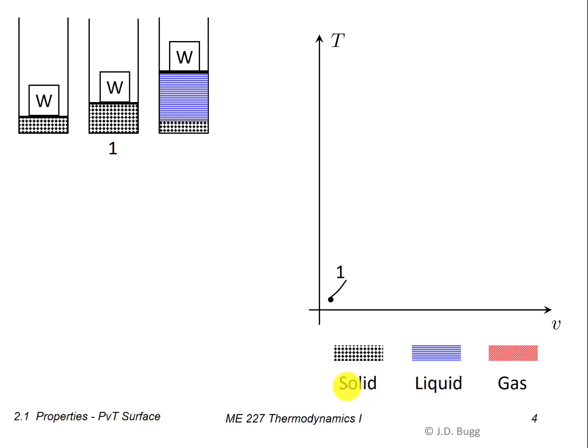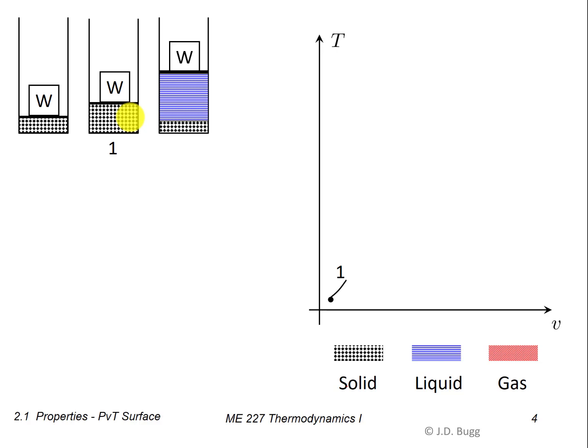Well, as we move on our TV diagram from point 1, where this is just about to start melting, and we continue to add heat, we can see that the volume certainly is going to continue to increase. So we're going to keep moving to the right here, but it turns out that the temperature stops increasing, because as we add heat to this, the temperature does not go into increasing the temperature of the system.